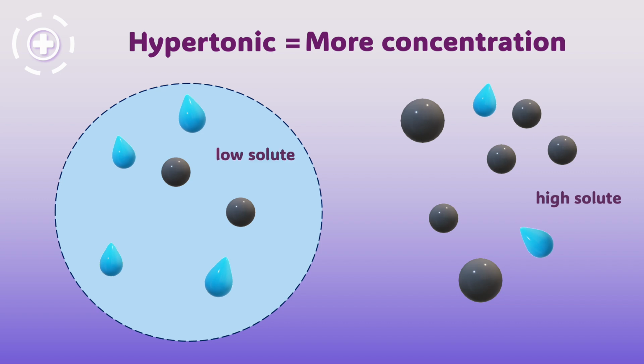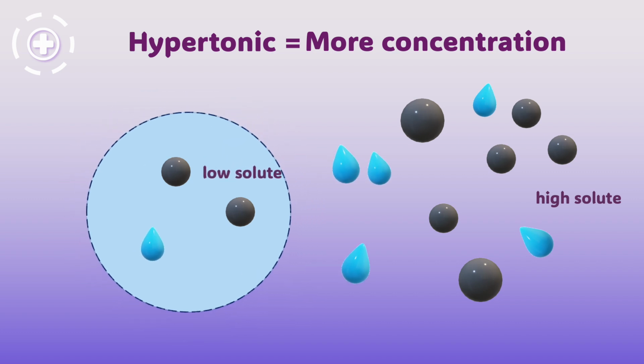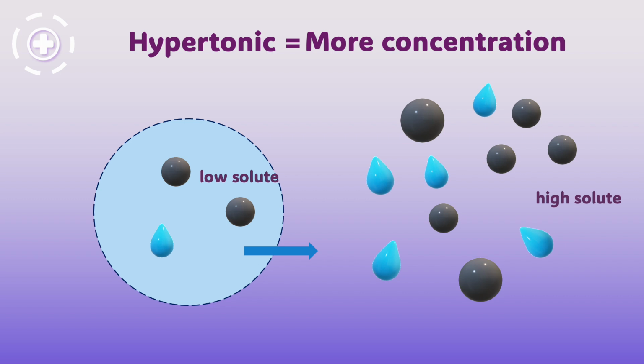So this is going to be the low solute. So in a hypertonic environment, the outside has more solute or concentration. Therefore, water needs to leave the cell, go to the outside of the cell to balance it out. You'll notice that as water leaves the cell, the cell starts to shrink or get smaller.